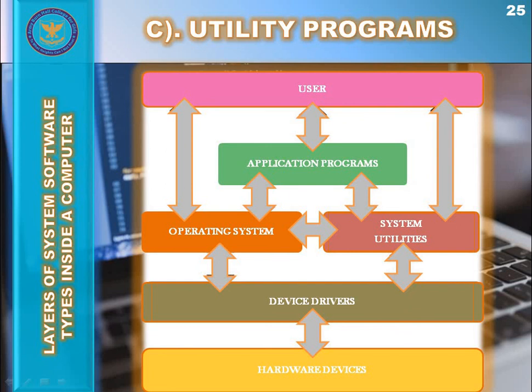So at the uppermost level, user exists, application programs exist. After application programs, operating system or system utilities exist. After operating system, device drivers exist at the second last level, and at the last or bottom level, hardware devices exist. So this is the hierarchy, or this shows the layers of system softwares or certain hardware inside a computer, piling up on one another in a sequence.